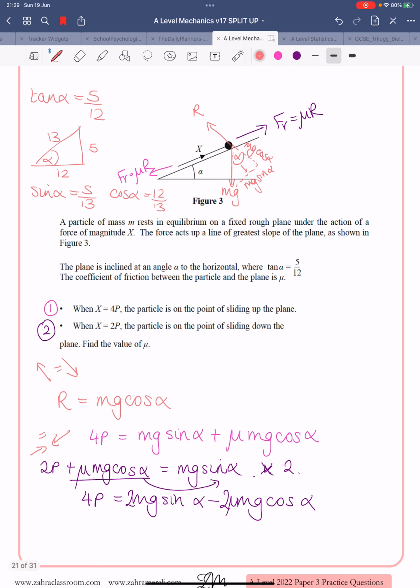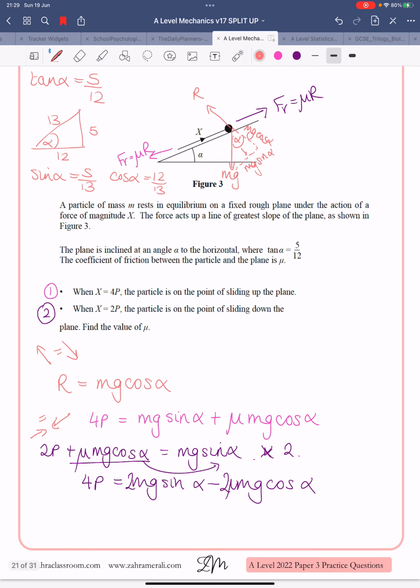And now what I can do is take these away from each other. So I'm going to do 1 take away 2: 4p minus 4p is going to give you 0, 2mg sin alpha minus mg sin alpha is just going to give me mg sin alpha, minus 2 minus 1 more is going to give me minus 3 mu mg cos alpha.